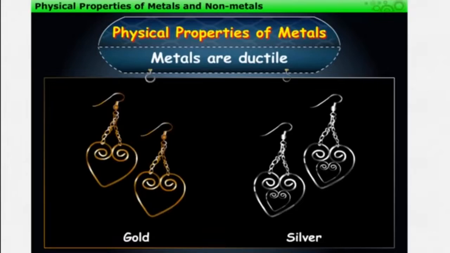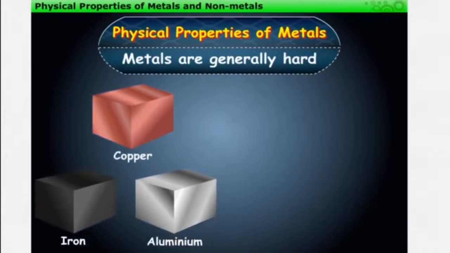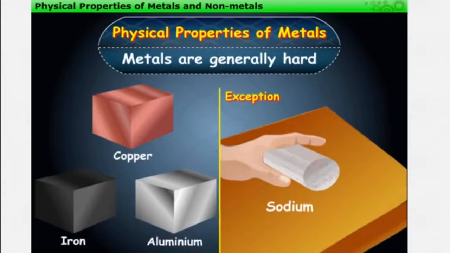Gold is the most ductile metal. Metals are generally hard, and the hardness varies from metal to metal. But metals like sodium and potassium are exceptions, as they can be easily cut with a knife.